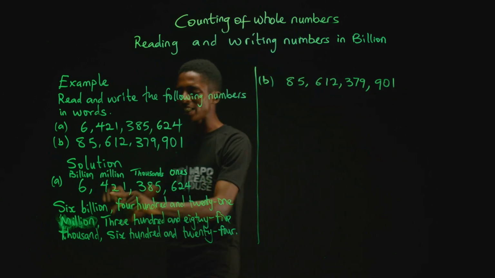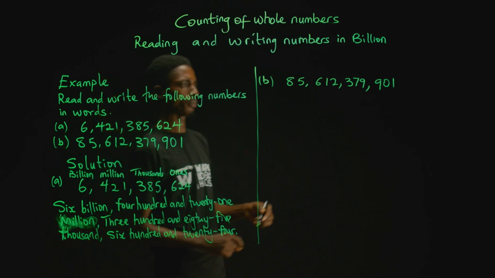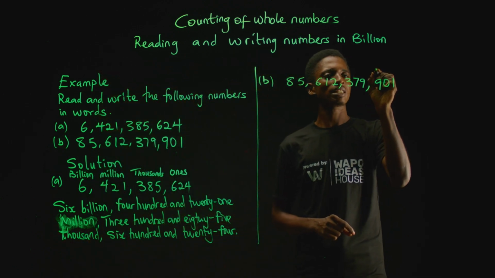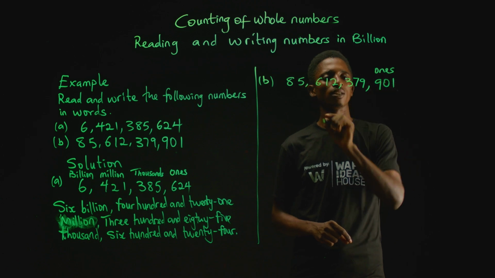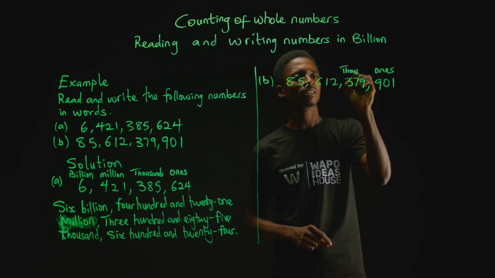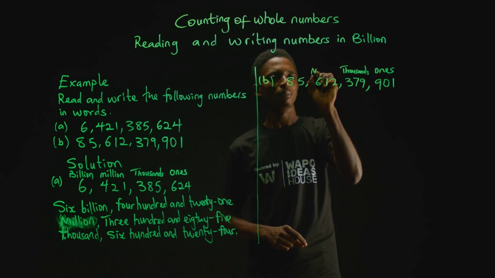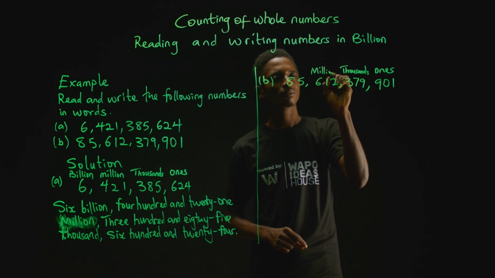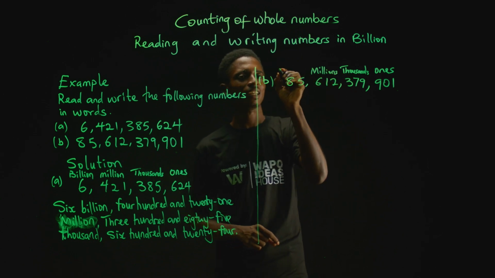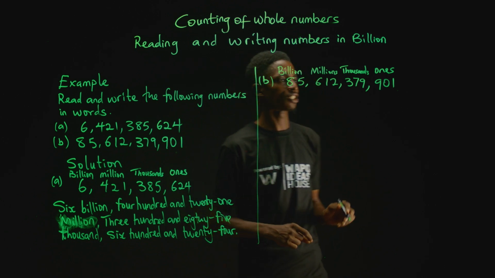And just like we did here, we will assign place value in groups of 3. This group is our ones, followed by thousands, then millions, and then billions. What a large number.